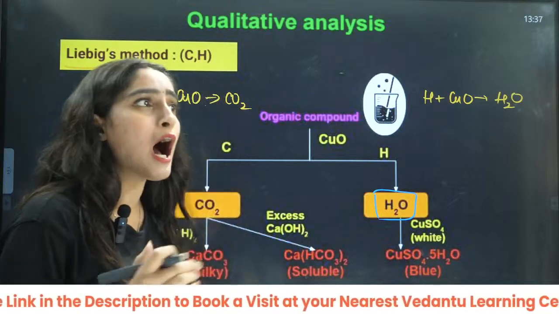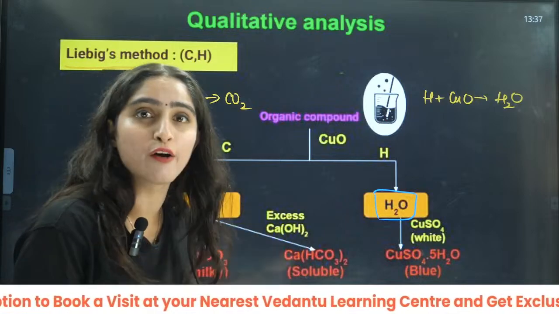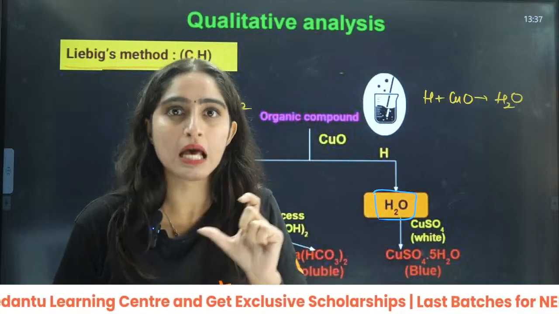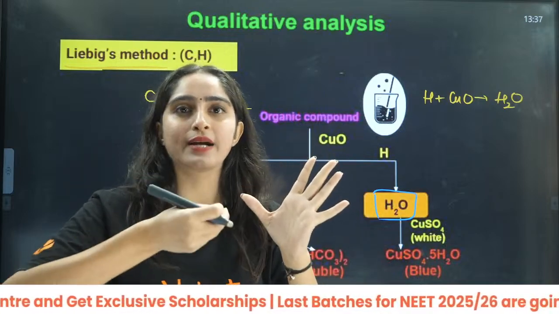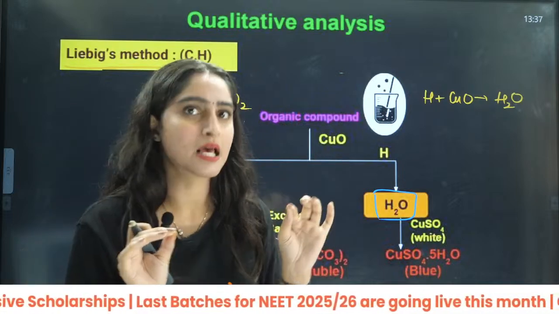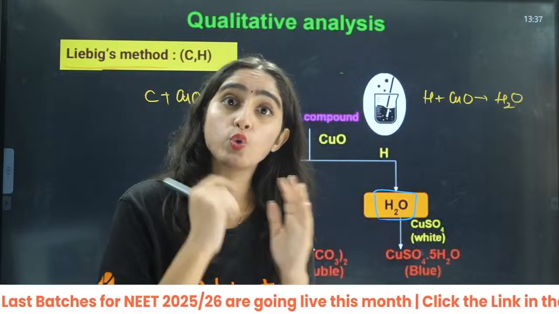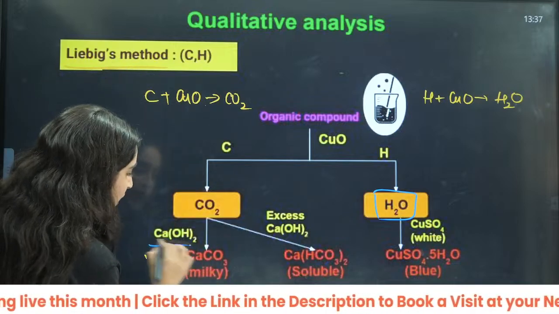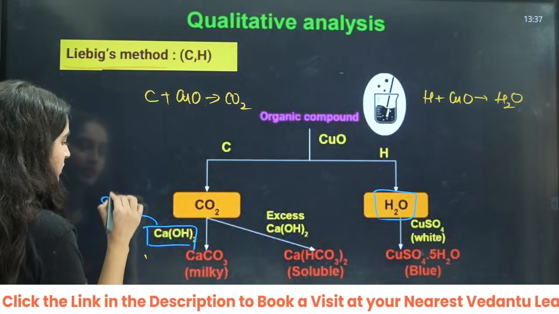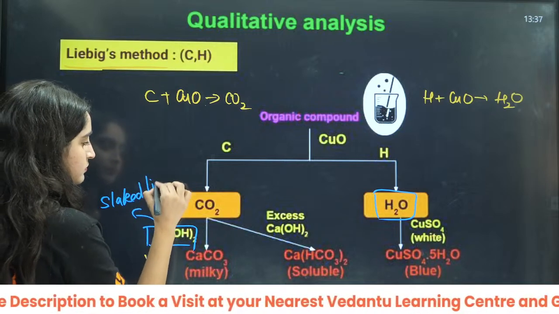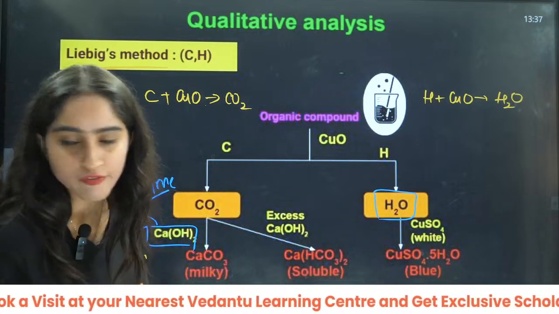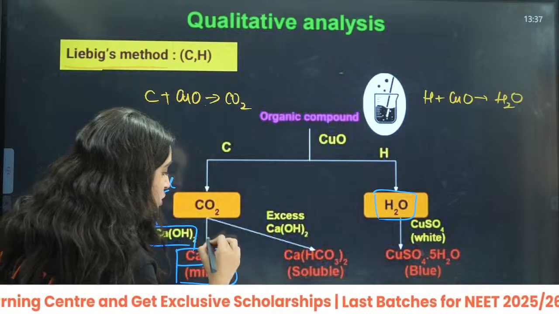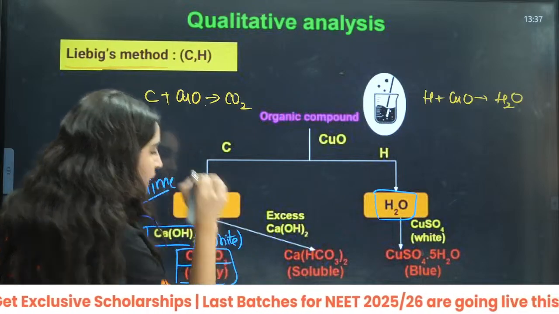Carbon dioxide is not visible, so first you will see brisk effervescence as the carbon dioxide pops out. Second, to confirm that, we pass it into slaked lime, Ca(OH)2, and white precipitates of calcium carbonate will be formed.